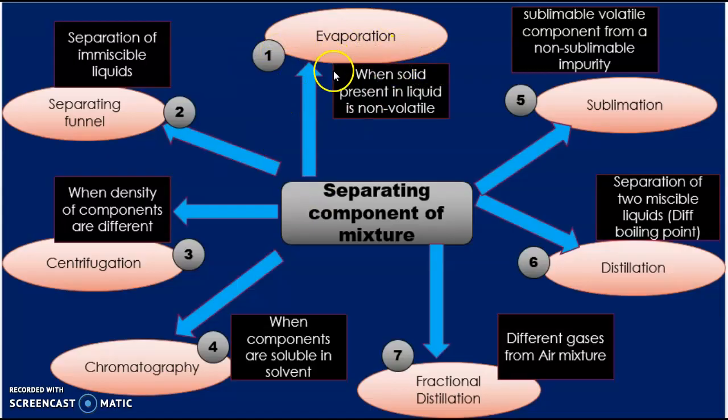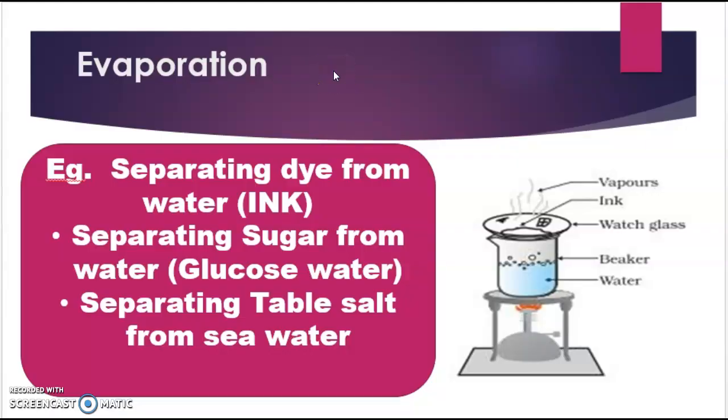First is evaporation. Evaporation is the process in which a substance changes from a liquid state to a gaseous state when we increase its temperature. Evaporation is used to separate a solid non-volatile component which is dissolved in a liquid or volatile component. Here you can see ink, for example, separating dye from the water, because ink is made up of dye and water.